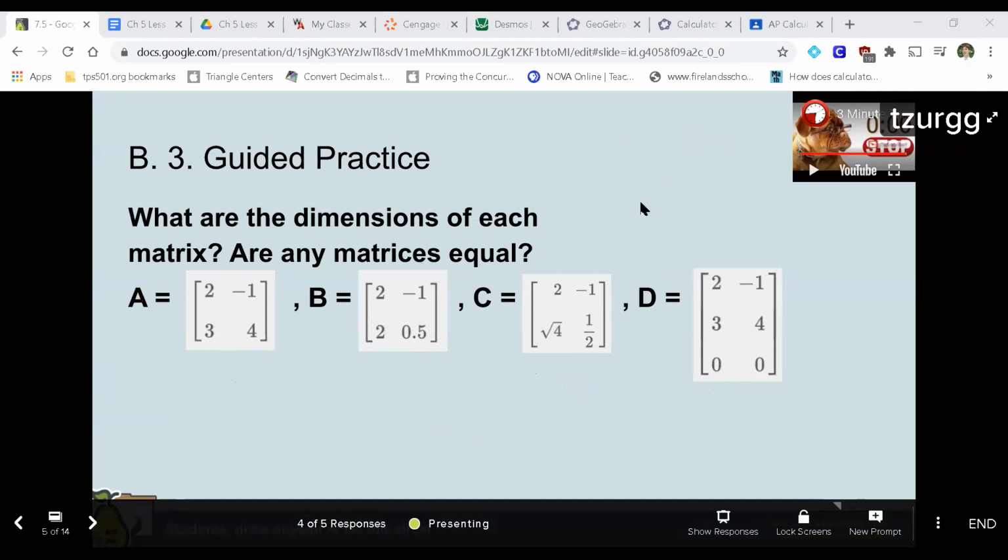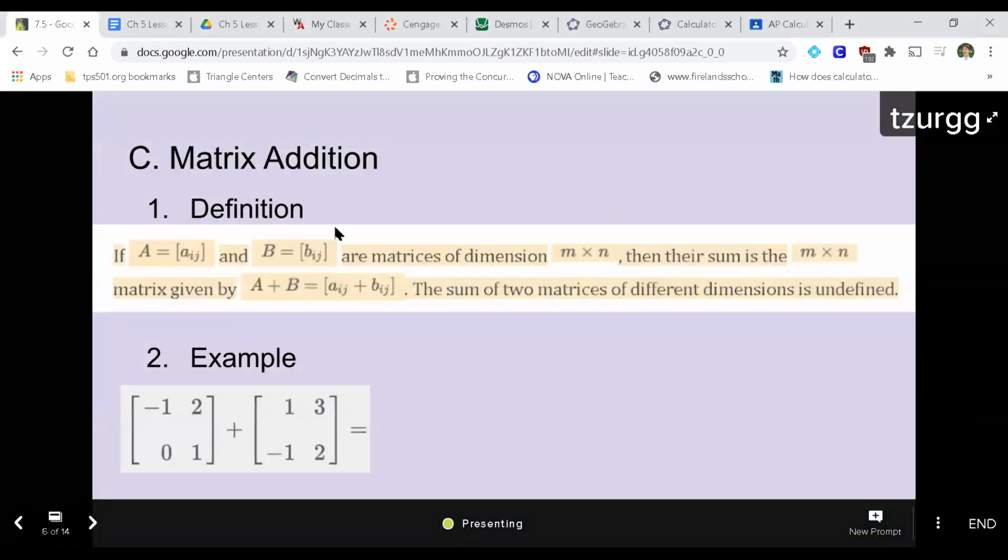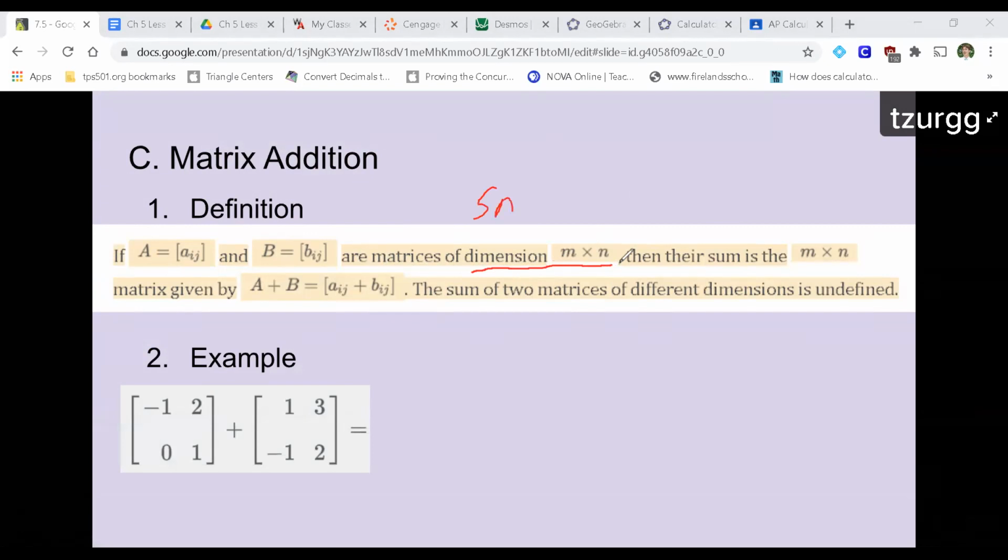Sweet. Okay. All right, so matrix addition. How this works is if you have 2 matrices, A and B, that both have the same dimension, they both are m by n's. They both have m rows and n columns, the same number. Then their sum will also be an m by n matrix. It'll have the same dimensions.